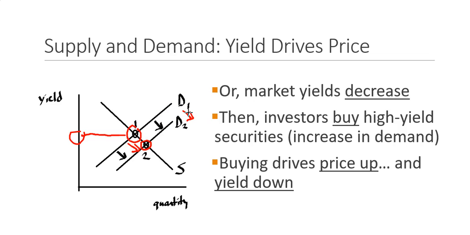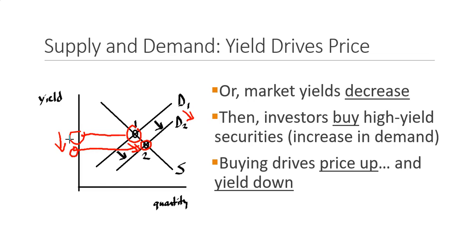And when demand increases, more people buy. That additional buying increases price, just like it would in any product, not just securities. Additional buying with no change in supply will increase the price. And now what's happened is when we look at point 2 on the yield axis, the yield has gone down.